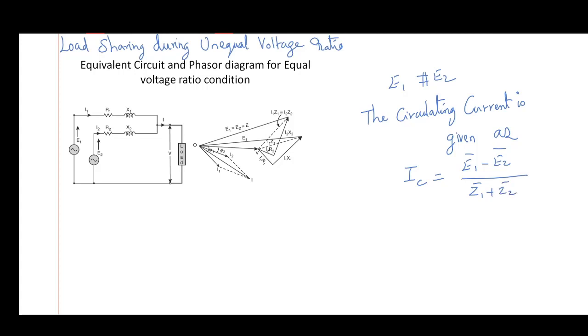So this IC will occur when there is a difference between the two voltage ratios. Take this as equation 1.